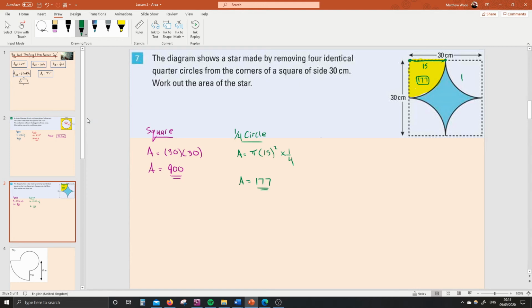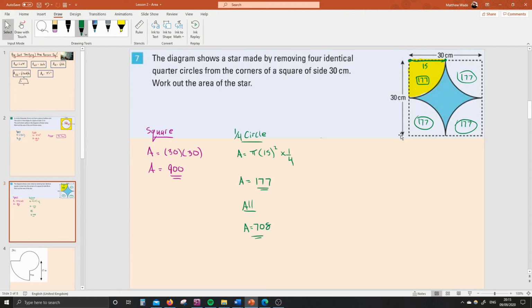Which means this is 177, and this is 177, and this is 177. Which means for all of them, it's going to be 177 times 4. So 177 times 4 is 708. So A equals 708, and that's the area of all 4.